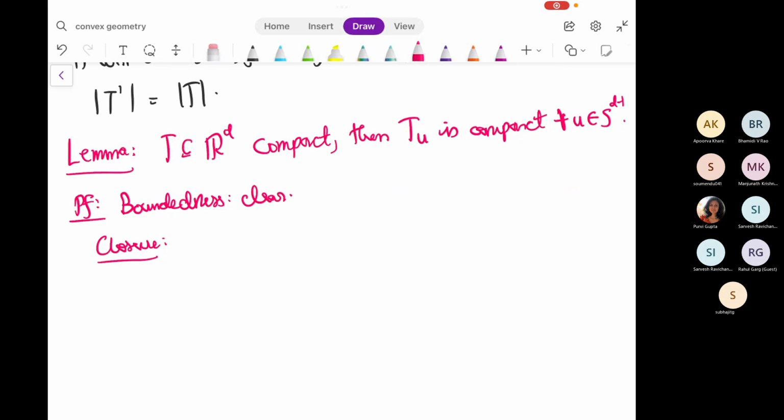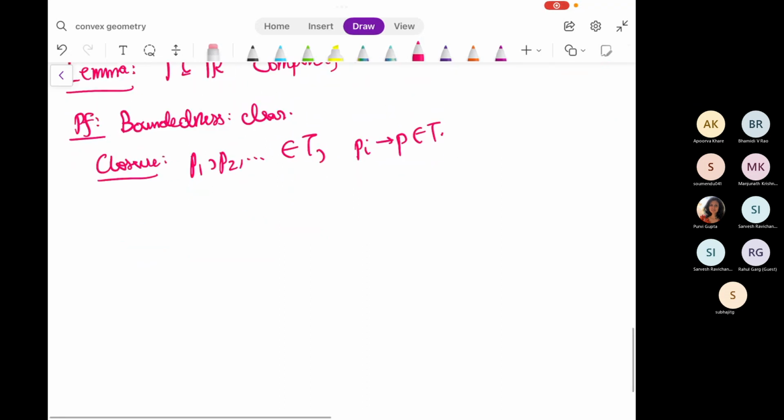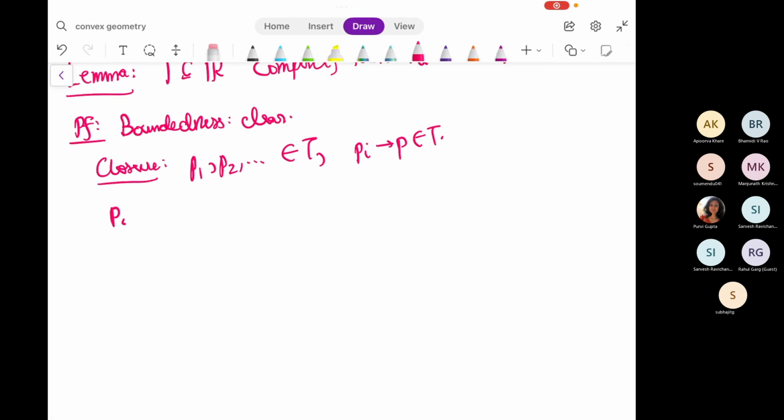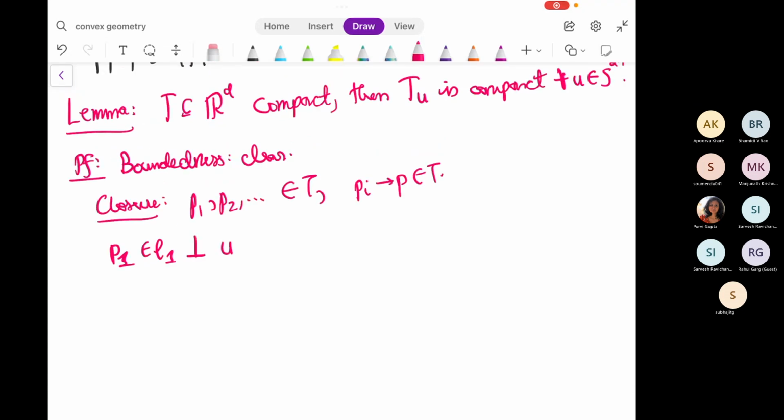However, to check closure, what you need to do is the following. Let's say you have a sequence P1, P2, and so on in T, and let's say it is converging. Because T is compact, the Pi will converge to some P which belongs to T. Now, P1 belongs to a certain line L1 which is perpendicular to U perp.